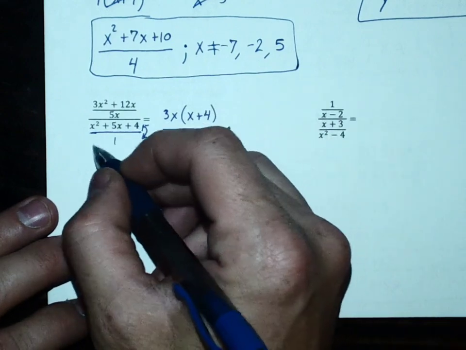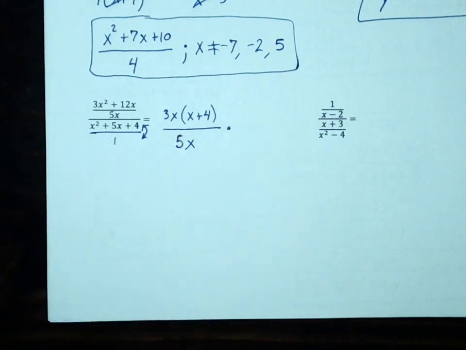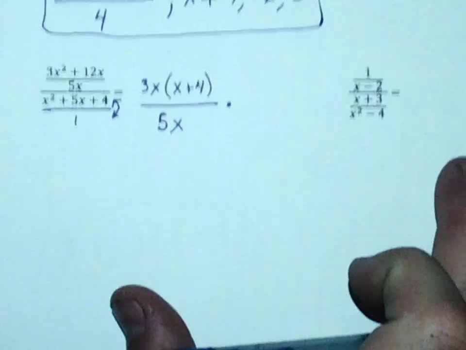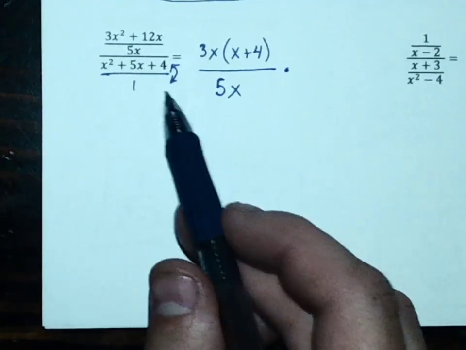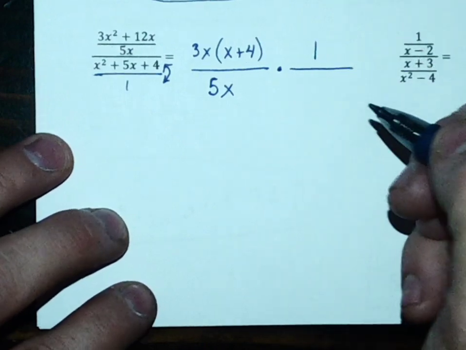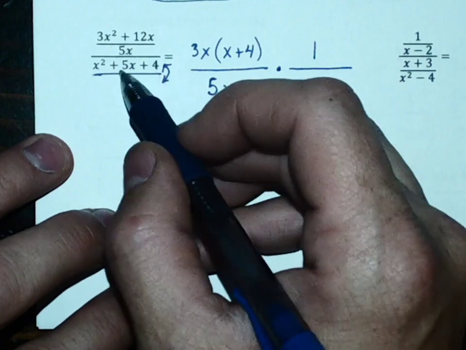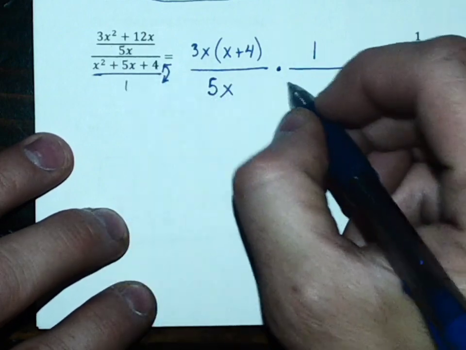And this is why I like to put that 1 down here, because that fraction flipping makes a little bit more sense if you understand that there is actually a 1 in that denominator, because now there is a 1 in the numerator. 1, and let's factor it. What multiplies to 4 but adds to 5? 4 and 1.